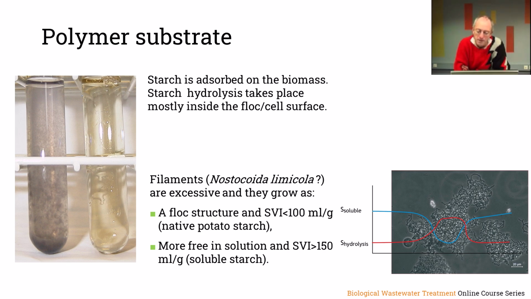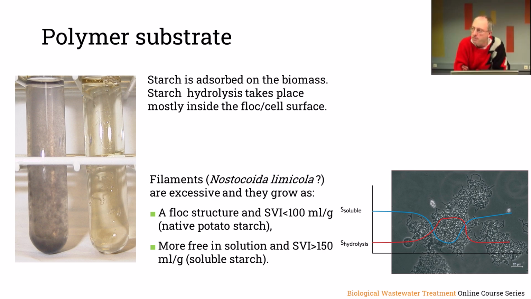And what is different here is that in this case, the substrate originates from inside the floc and not from outside the floc. Normally the maltose would come from outside the floc and be degraded at a low concentration, meaning that the substrate concentration outside the floc is high and inside the floc is low. That's the green line.